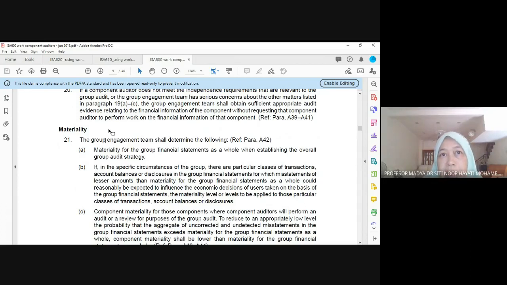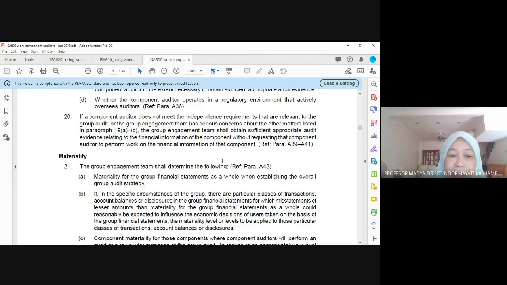It has to consider maybe extensive audit procedures to be carried out on this component that is material. And also going to evaluate the work of the component auditor more seriously as compared to components that are not material, about the ethical responsibility, about the independence, etcetera, just now.